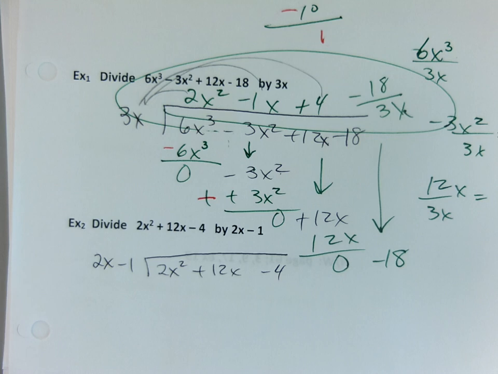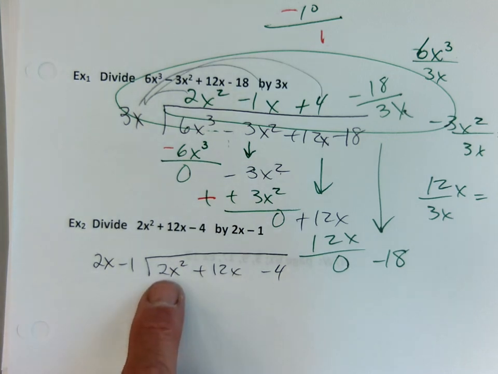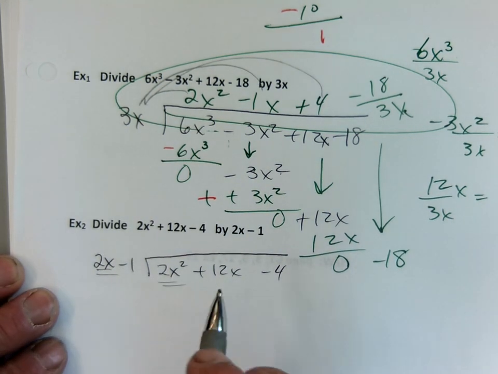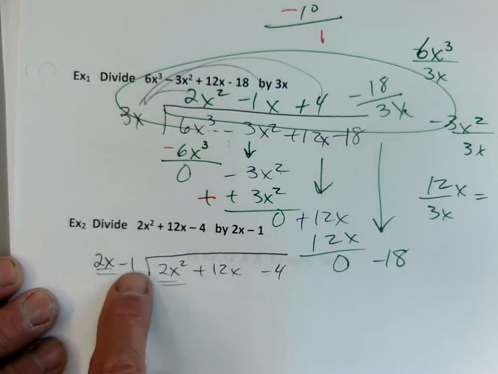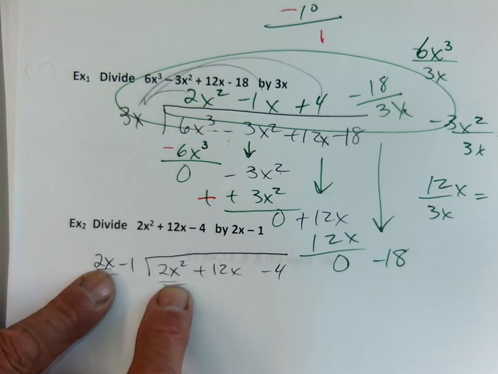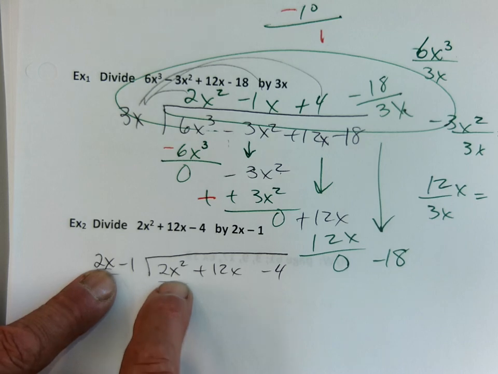Same process. 2x goes, don't worry about the 1. Ignore the 1. We'll get the 1. But the 2x, do the first term. 2x goes into 2x squared, 1x times.